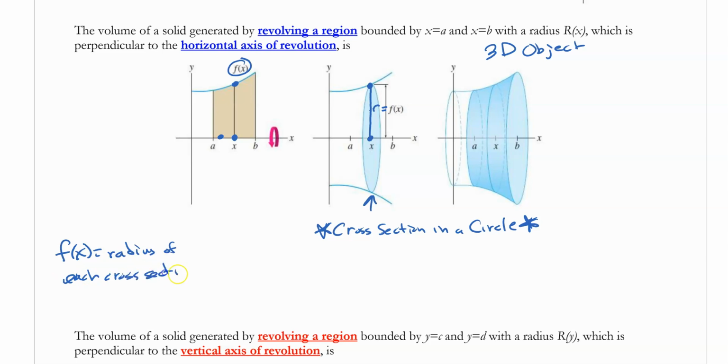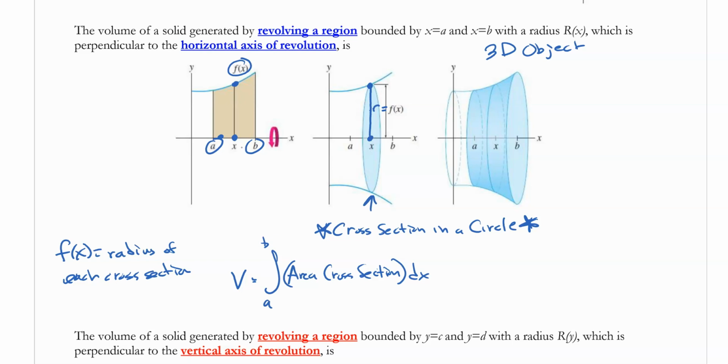Now, a very simple, rudimentary calculation for volume using integration will be the integral from a to b of the area of the cross-section dx, because we're going around the x-axis, and we're going from a to b. So that's the basic concept.